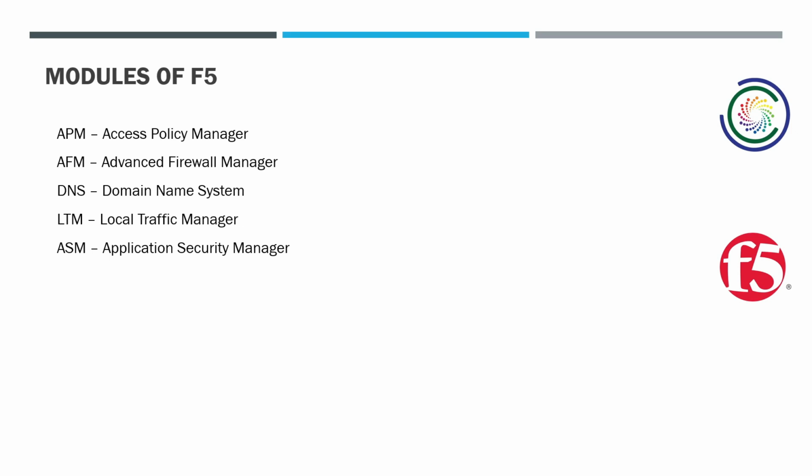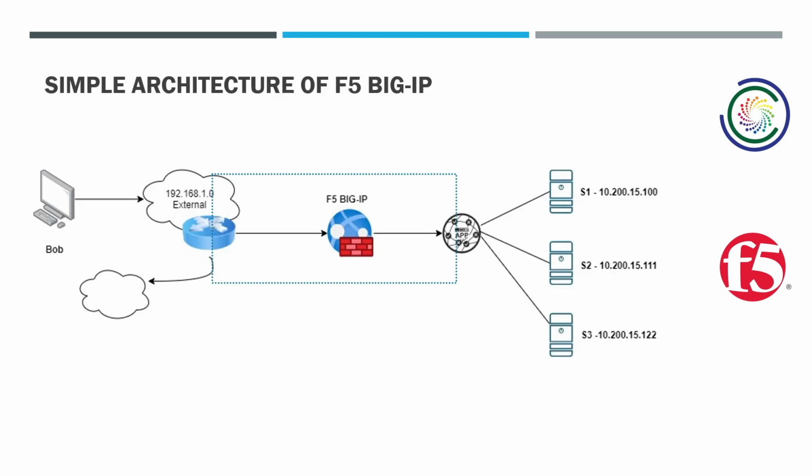Starting with Local Traffic Manager, this is a simple architecture which will be implemented where F5 is implemented on a network. On the right hand side we can see that there are three servers named S1, S2 and S3, whereas on the left side there is an external network.